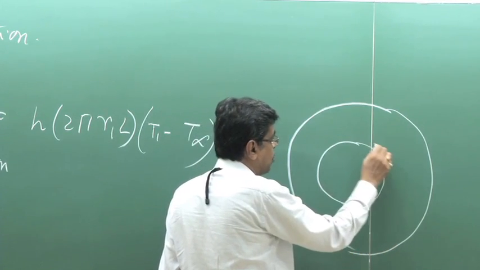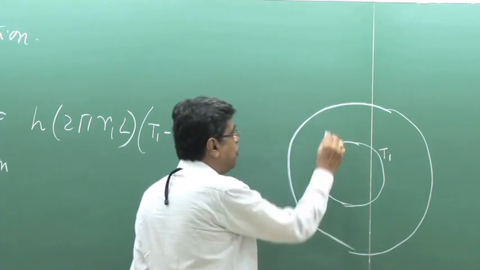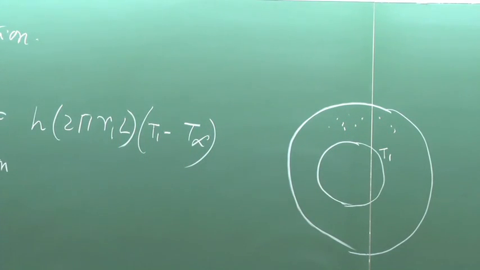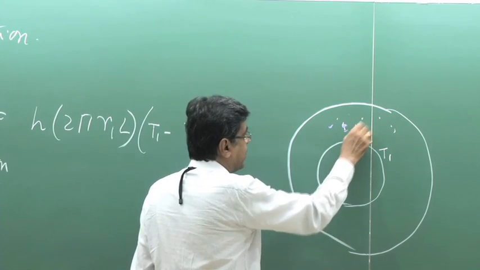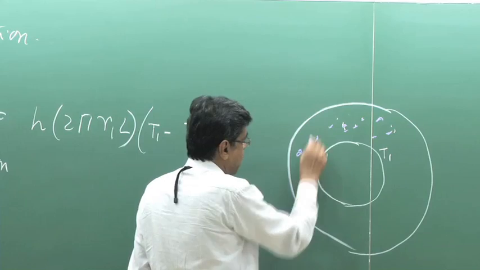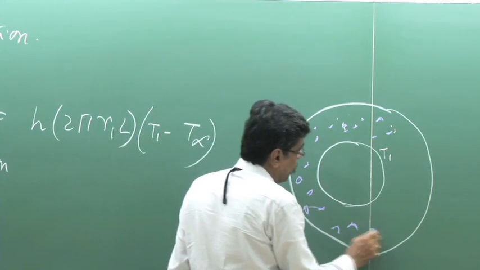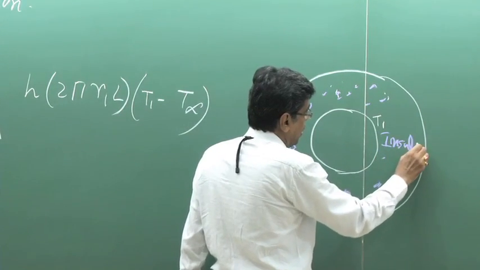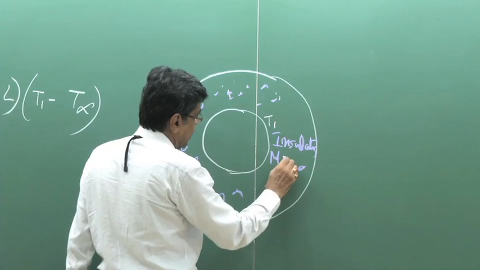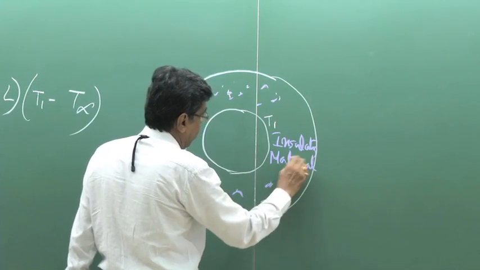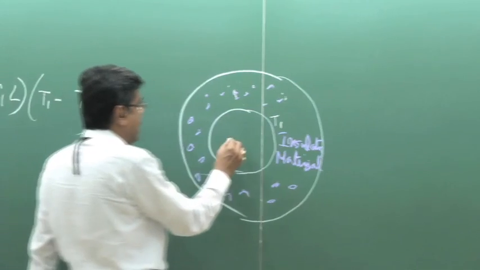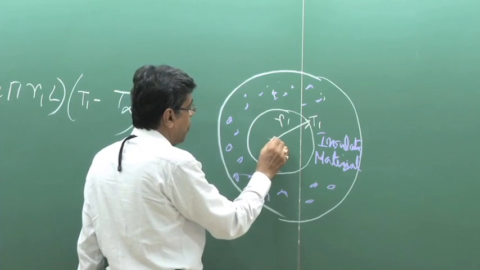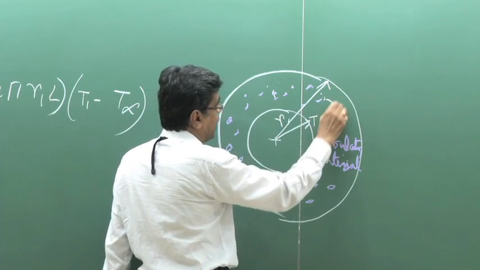The problem is posed with the outer surface at T1, and now you put insulating material, and let us describe this radius R1, and let us consider the insulation is given up to a radius R2.